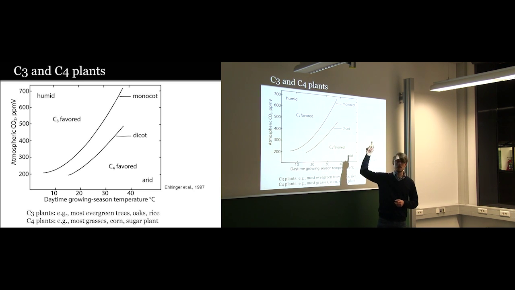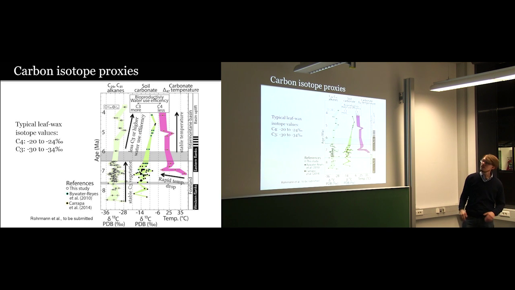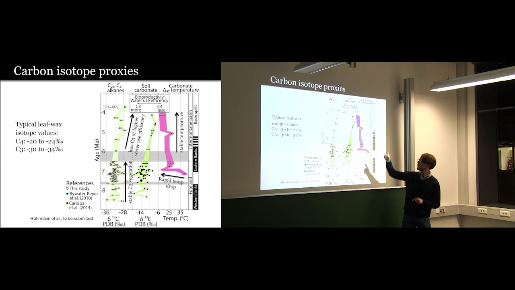And this you can see when you're looking at stable isotope values, or if they favor C3 vegetation. So this is the data of the biomarker delta-13C and also the carbonate delta-13C.